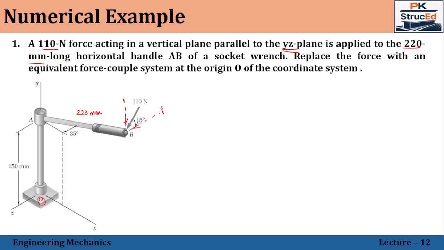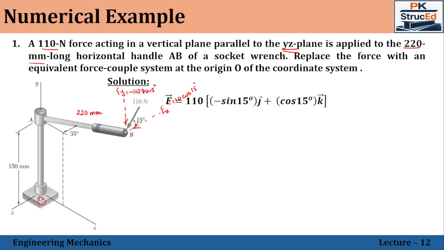This is your Fz and this is your Fy. Fz is acting along the positive direction, so this will give 110 cos 15 degrees, whereas Fy is acting in the downward direction, so that will give minus 110 sin 15 degrees.